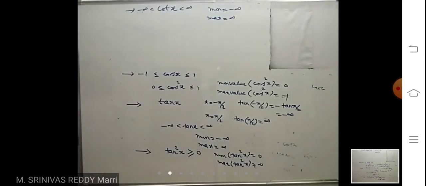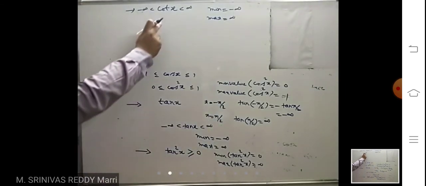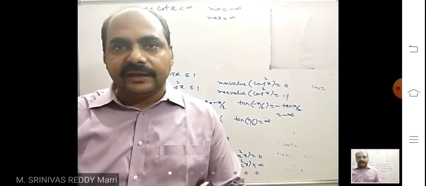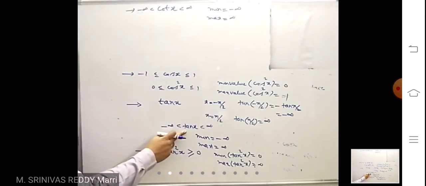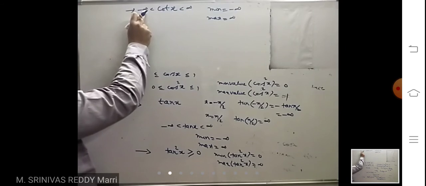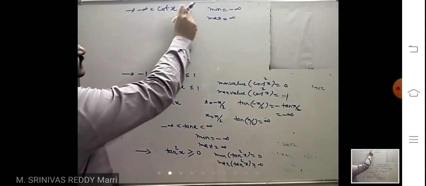This is because the denominator can be 0: cot x is cos x by sin x, and when sin x becomes 0, it becomes infinite. So just like tan x, it is just the reciprocal, and the minimum value is minus infinity and the maximum value is infinity.